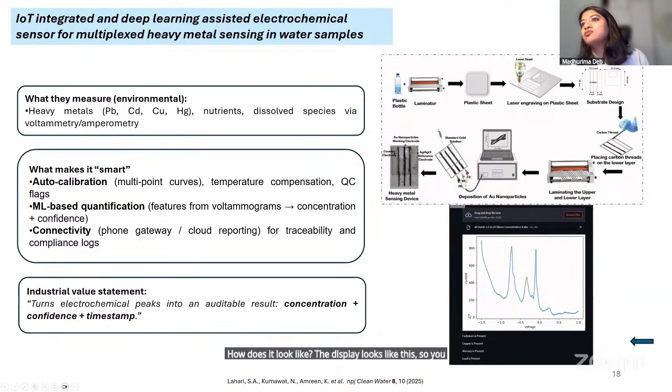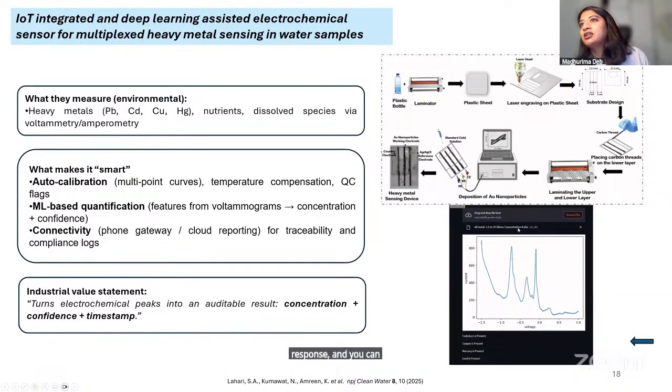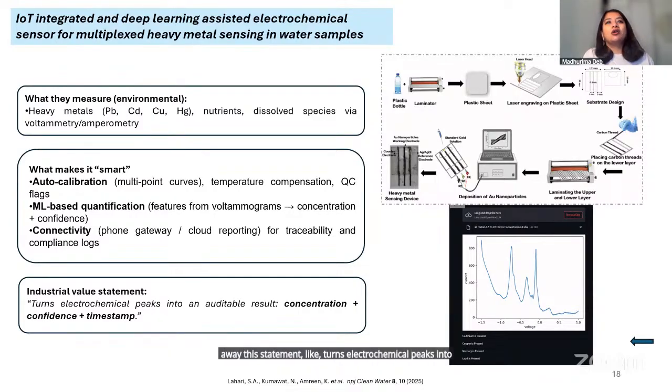So you can see the current versus voltage response, and you can check which heavy metal is present. So we can take away this statement: it turns electrochemical peaks into an auditable result, which is a concentration plus confidence plus timestamp.